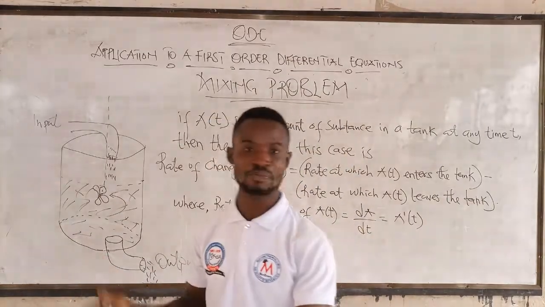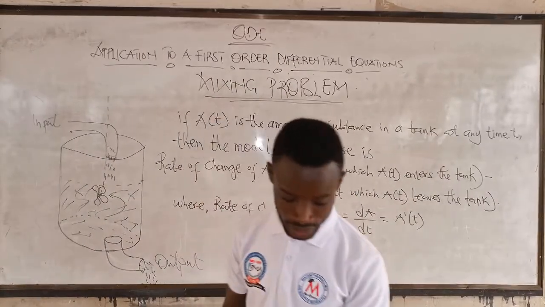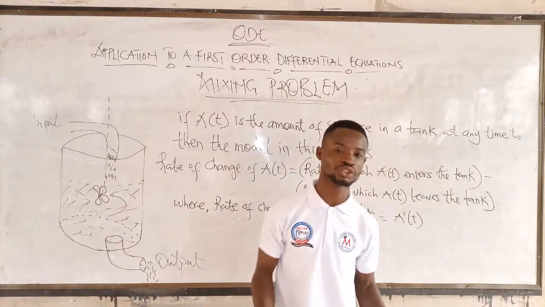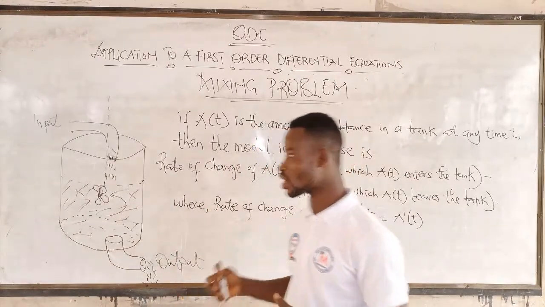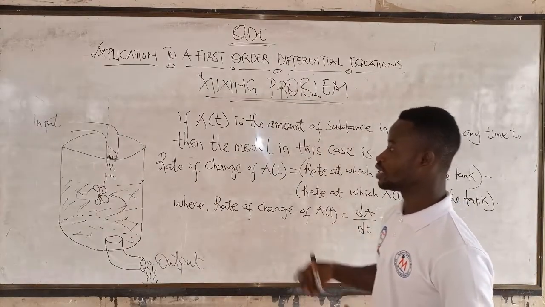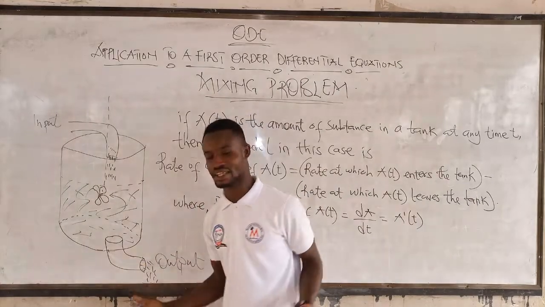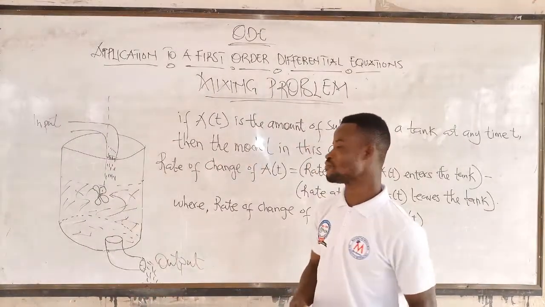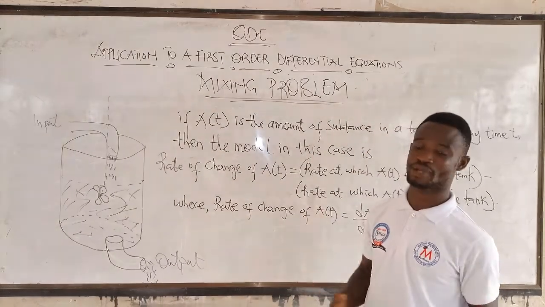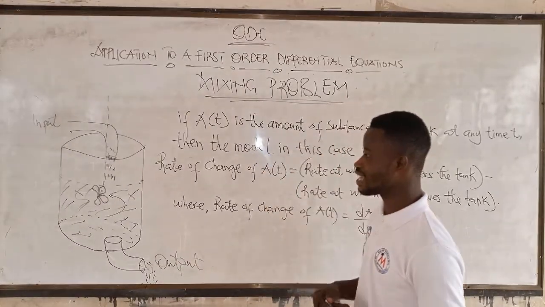This problem in biology and engineering can be put into the framework of the mixing problem. When we talk about a mixing problem, it's just simple. In fact, when we start solving questions, you get to know that a mixing problem is not difficult.